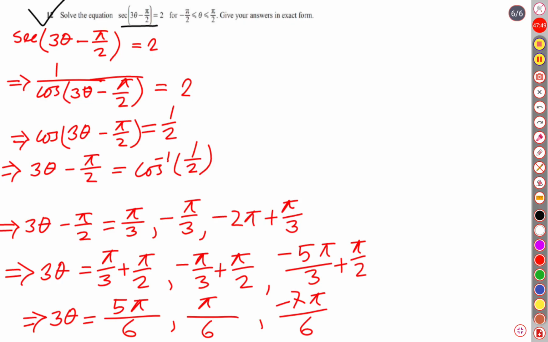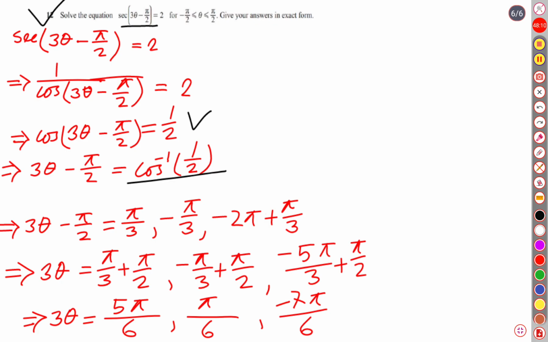Then if we do cross multiplication, or reverse the reciprocal, you will get cos(3θ − π/2) is equal to half. After that we are transposing this cos to the right side, so it is cos inverse of half, and it is positive.